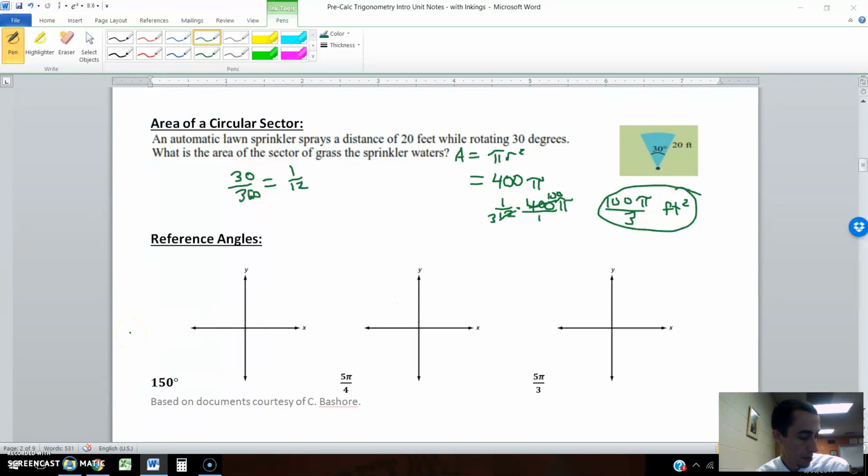All right, next up. Reference angles. Reference angles are very important. We use this reference angles concept a lot in trigonometry. So what a reference angle is, it is the angle that's created between another angle's terminal side and the x-axis.